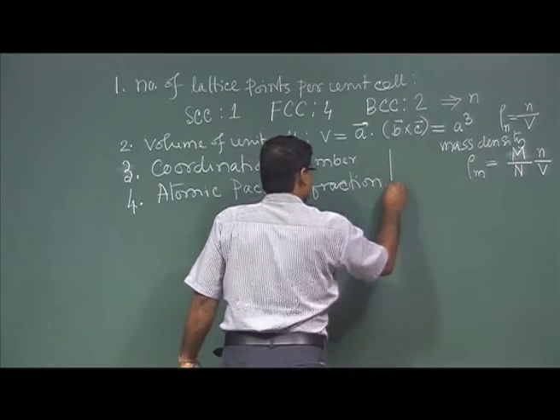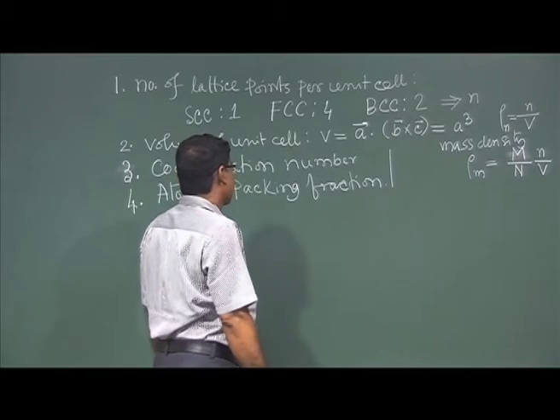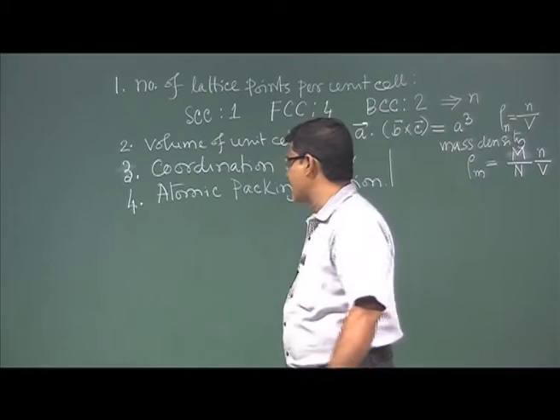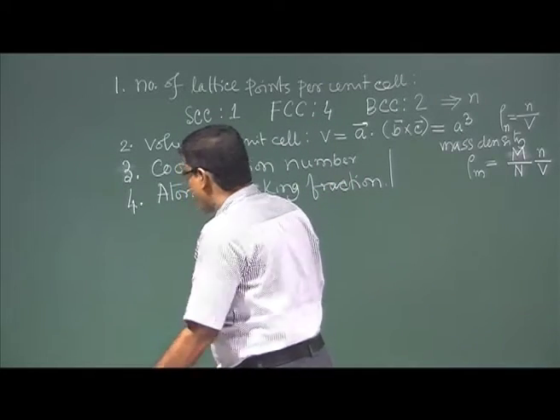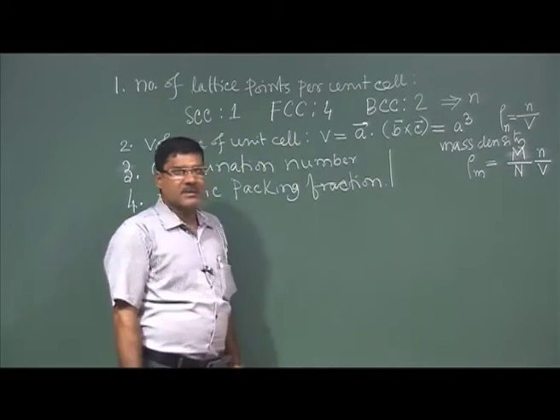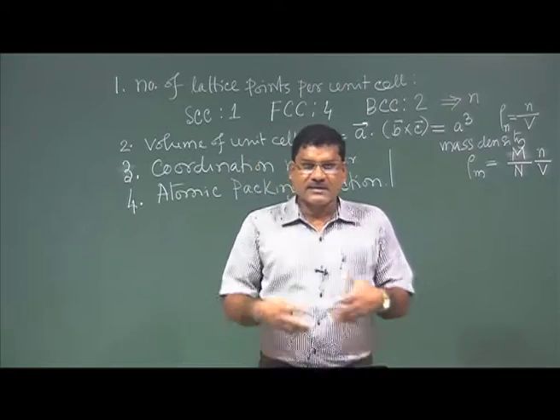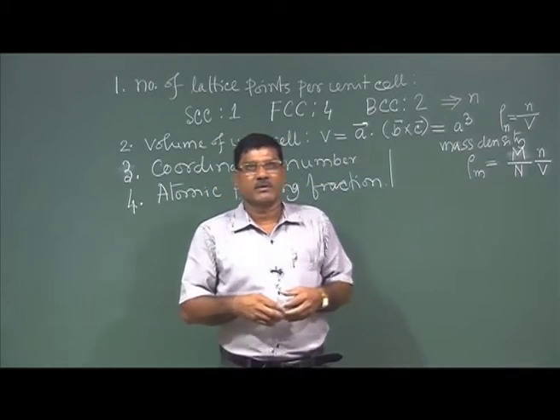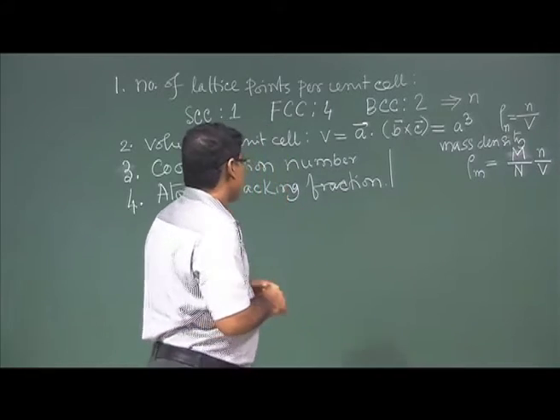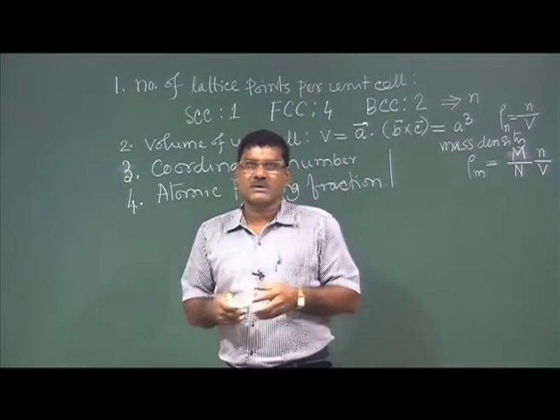So for coordination number and atomic packing fraction, I basically need to place atom in lattice. As I mentioned, lattice is basically a purely mathematical concept, but real crystals have atoms.